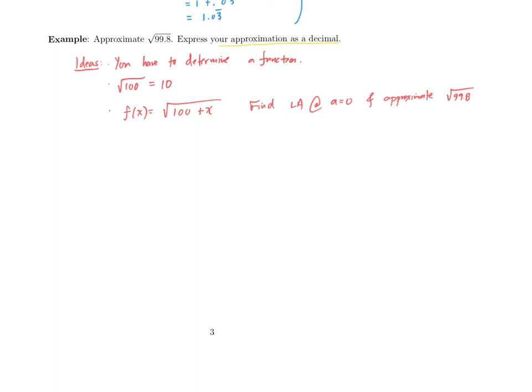So I'm going to suggest that you pause the video and give yourself 4 or 5 minutes and see if you can come up with this linear approximation and use it to approximate the function value.